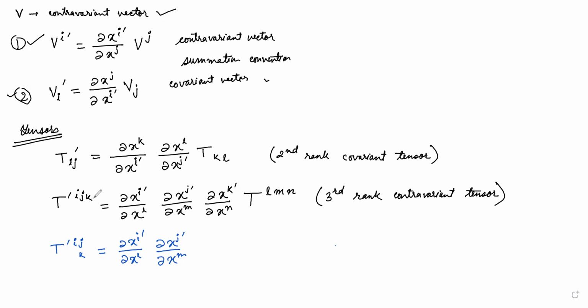Now, if we look at this case and this case, k has moved to the subscript. So the transformation rule should change. So this will be ∂x^n by ∂x^k', and t, this would be L, M, N. This is a third rank mixed tensor.